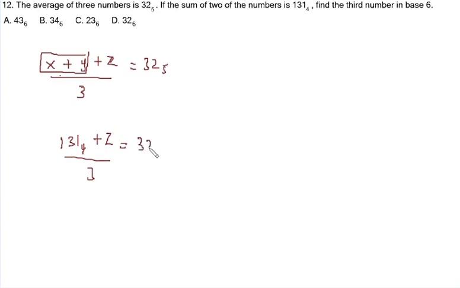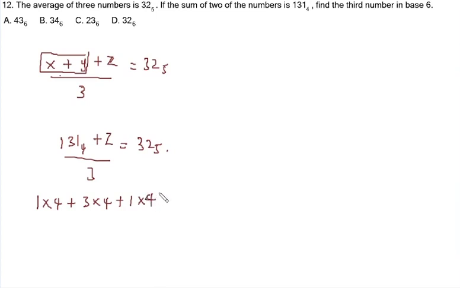So 32 base 5. To solve this problem, to find z, we need to convert every base number to base 10. So first convert 131 base 4 to base 10. We have 1 times 4 plus 3 times 4 plus 1 times 4.